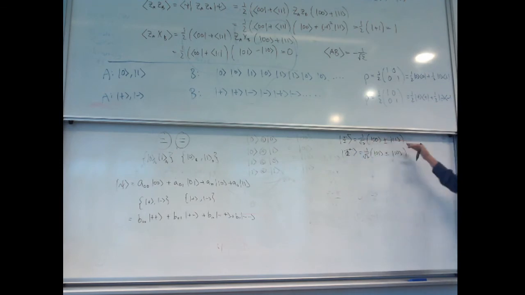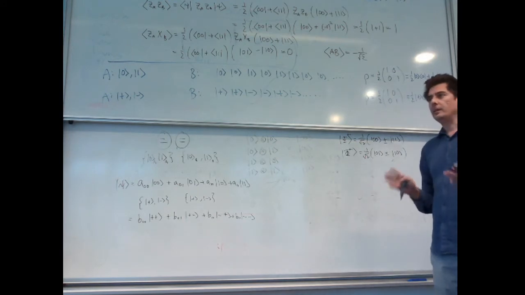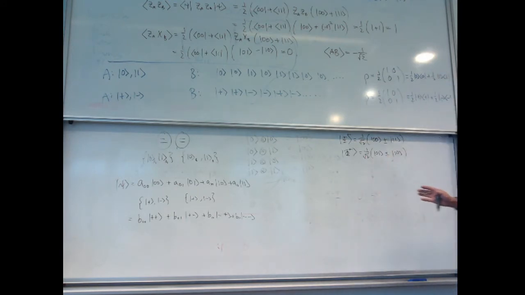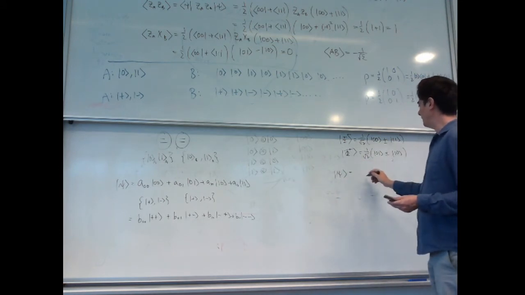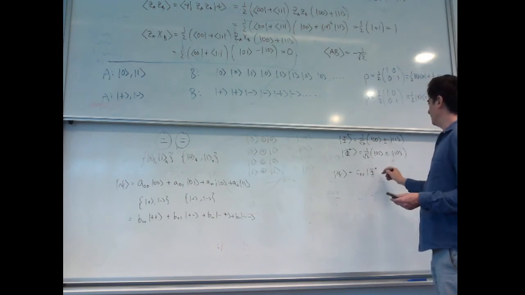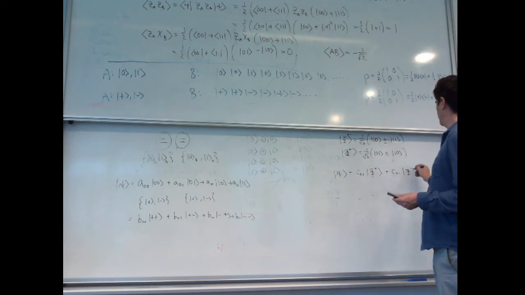I've written plus minus, so there's 2 here, 2 here. So actually, this is also a basis. It just so happens that the basis itself is entangled, but I can still write my 2-qubit system in terms of these 4, with whatever coefficients, and so there's always 4.